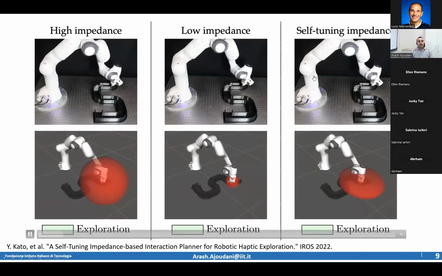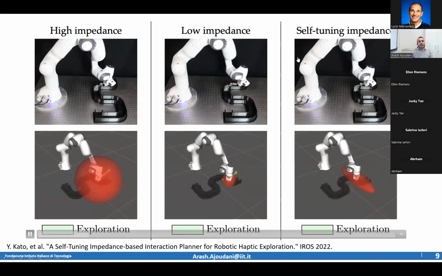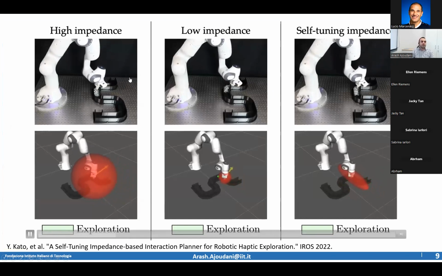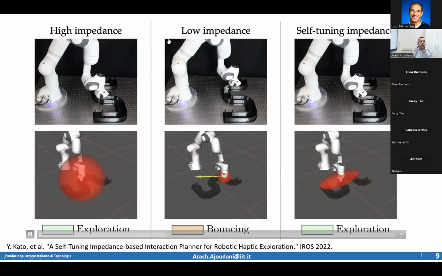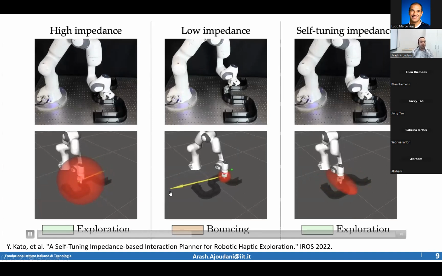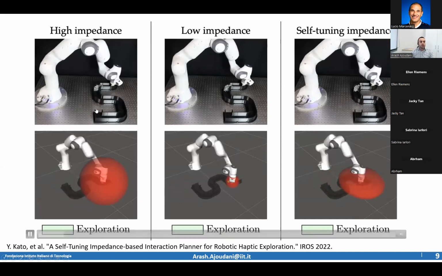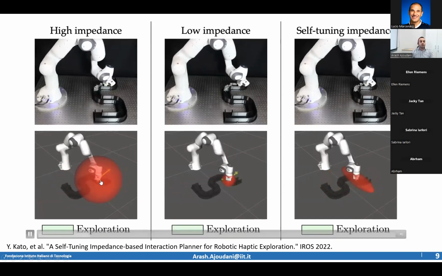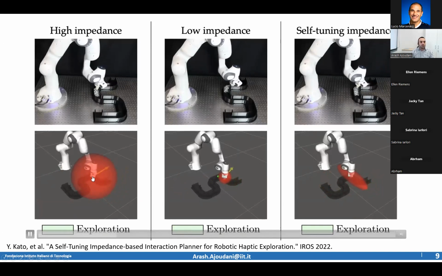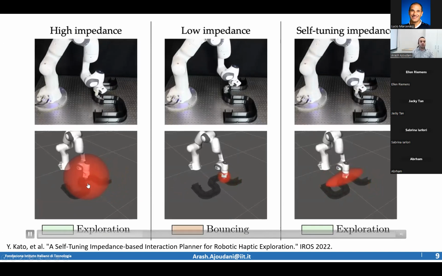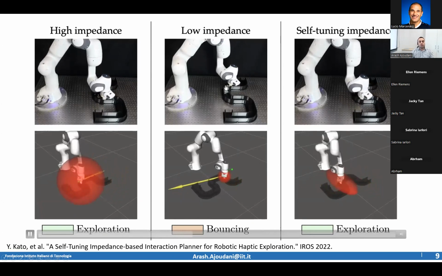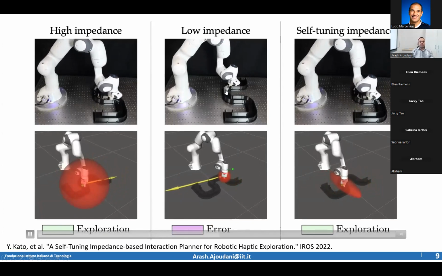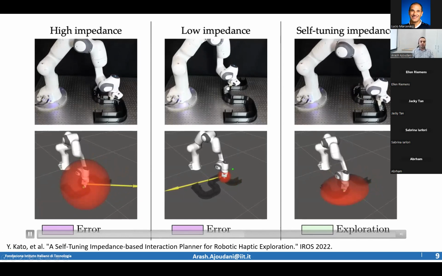Putting all this together and creating a self-tuning impedance behavior, you will see that even if you embed a good trajectory planner with high or low impedance, the task will fail. With high impedance, when you have a rigid robot, you will have really high interaction forces between the robot and the environment. When you have a very compliant robot, the robot will not be able to overcome obstacles, for instance if you have cluttered spaces.